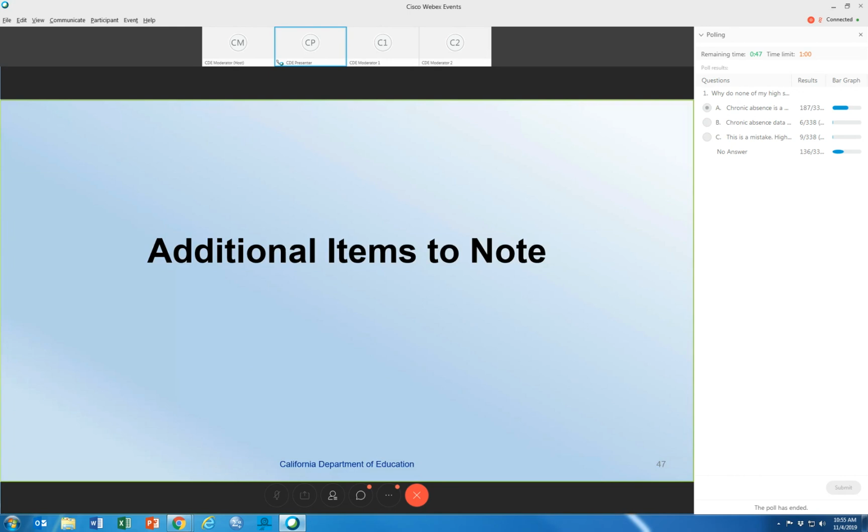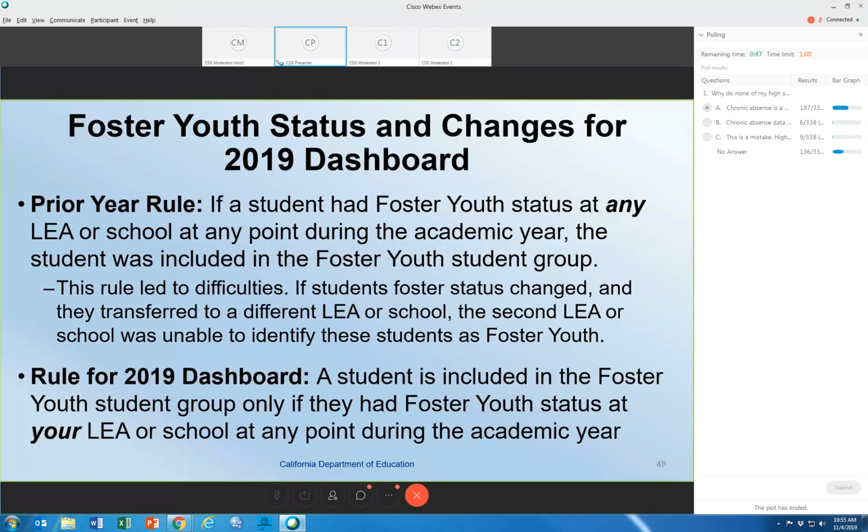So some additional items to note is the foster youth status and changes for the 2019 dashboard. We talked about this a little bit earlier, but I wanted to bring it up to you. We received a lot of feedback from the field, and we were able to adjust our programming for the 2019 dashboard.